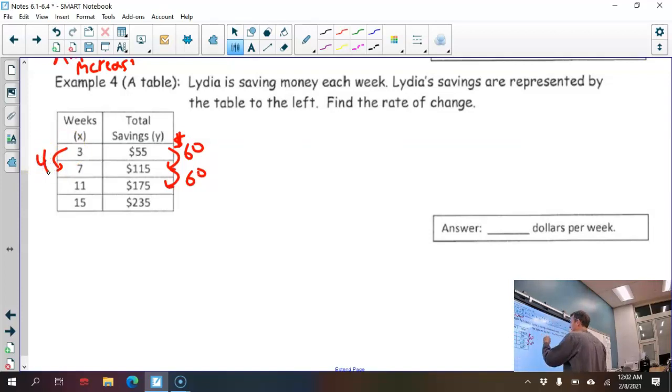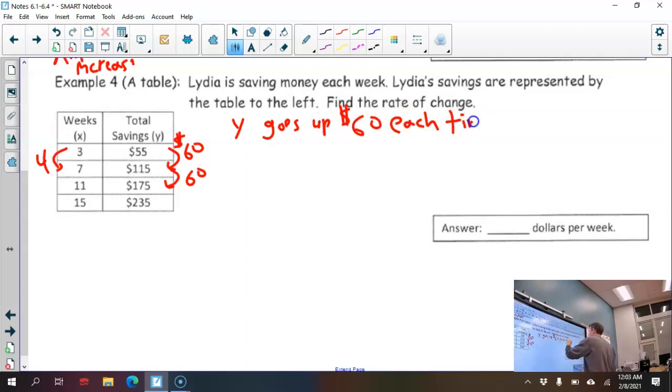I think I'm going to write that down. So y goes up $60 each time x goes up 4.